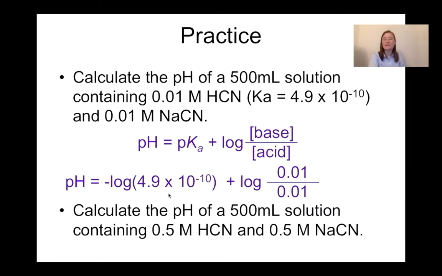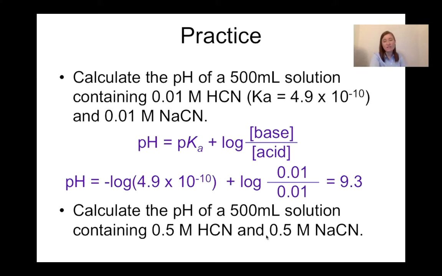Now if we look at the next part, we've got 0.5 molar HCN and 0.5 molar NaCN. When we use the Henderson-Hasselbalch equation, right, pH is still going to equal pKa, that's the same, plus log. Now we're going to have 0.5 over 0.5. So we have more concentrated acid and also more concentrated base.